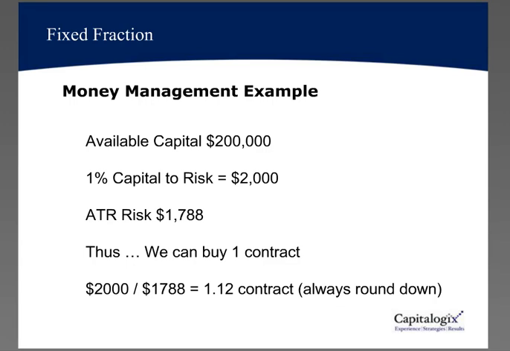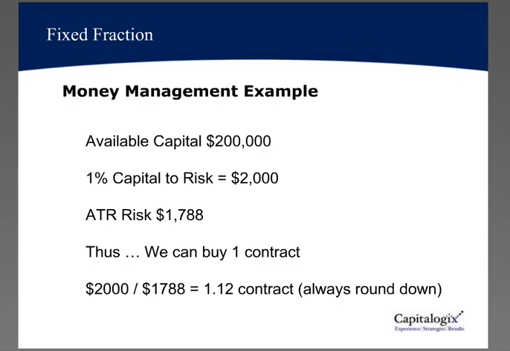Well, you can't buy a fraction of a contract, so you would round down, and in this case, you'd buy a single contract. Now, what's nice about this is that as your account grows and as the volatility, based on ATR and its multiplier, adjusts, you start off trading a single contract. Over time, you'll accumulate money, which is obviously the end goal for what we're trying to do.